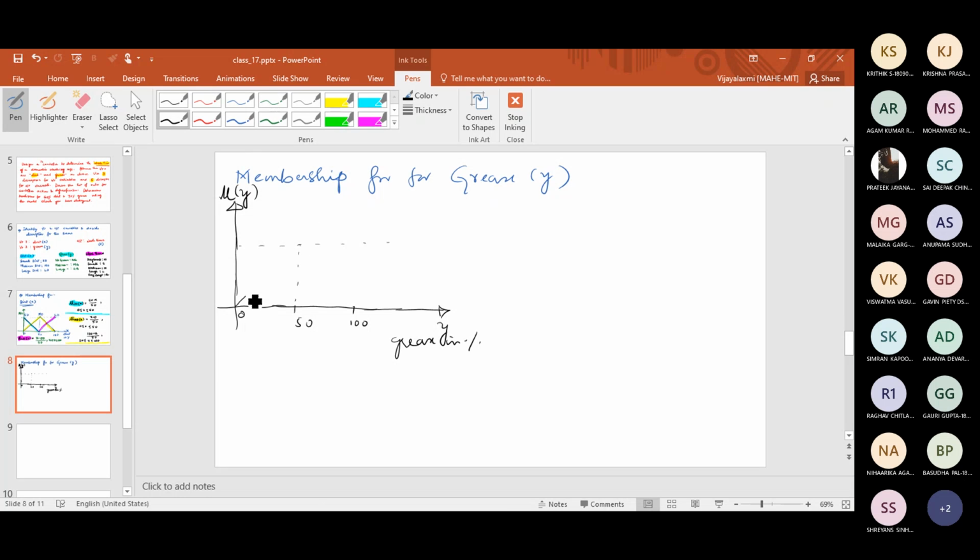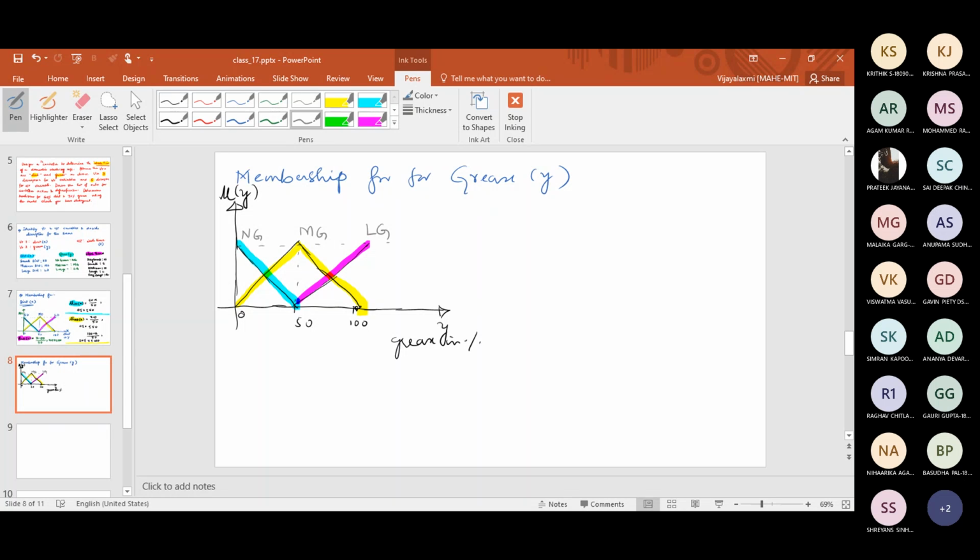So here, this is medium. This is similar to the previous membership function.